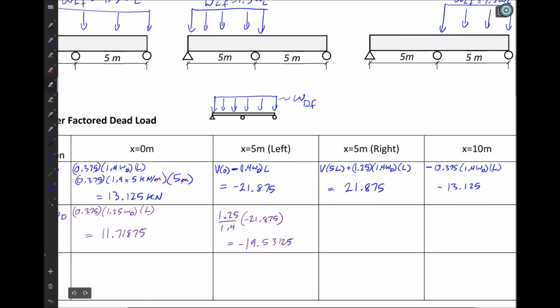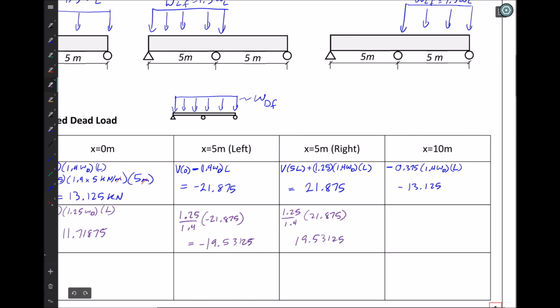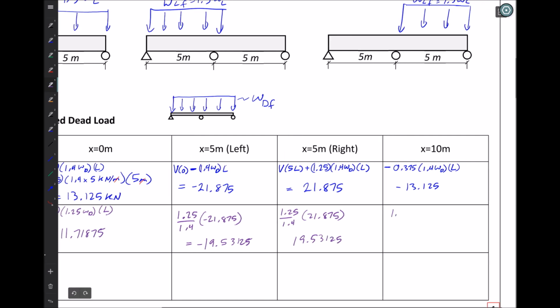And as I continue this problem, 1.25 over 1.4 times 21.875, I'm left with plus 19.53125, and going to the next part, I have 1.25 over 1.4 times minus 13.125, leaving me with minus 11.71875.